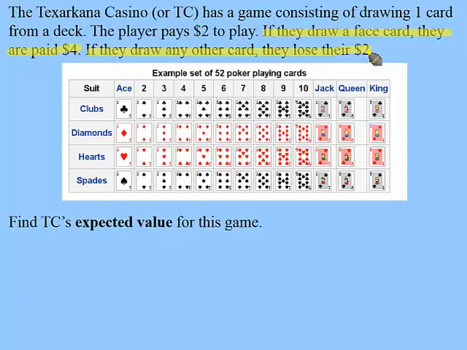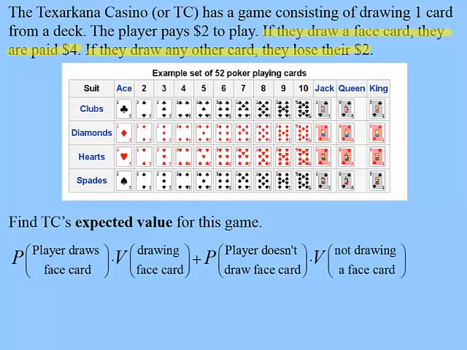And so let's look then at what we need to find. We need the probability that they draw a face card, the value of drawing a face card, the probability of not drawing a face card, and the value of not drawing a face card. So we've done these before, the probabilities anyway.